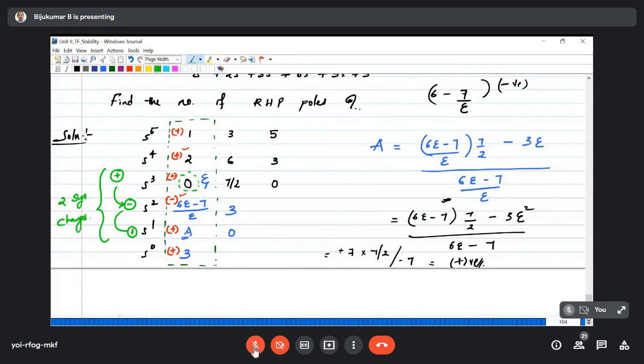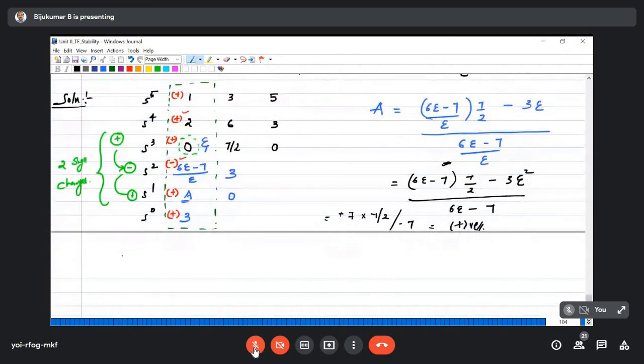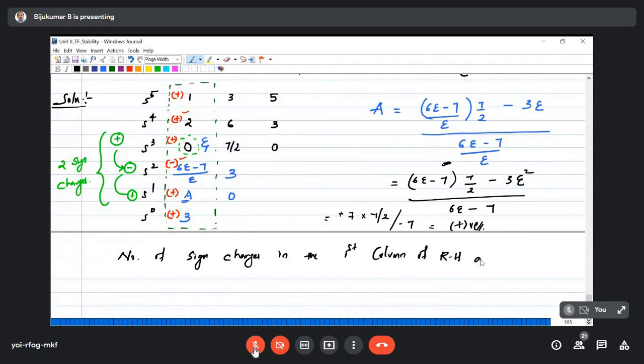So how can we conclude this? Number of sign changes in the first column of the Routh terms is equal to 2.